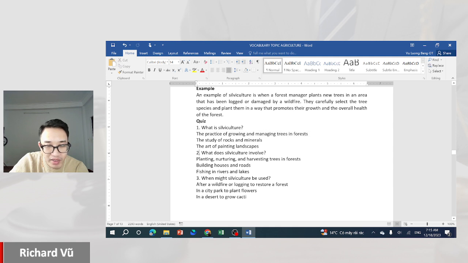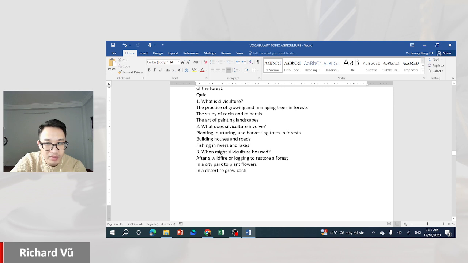So what does silviculture involve? Planting, nurturing, and harvesting trees in forests, building houses and roads, or fishing in rivers and lakes. Which one is the correct answer?